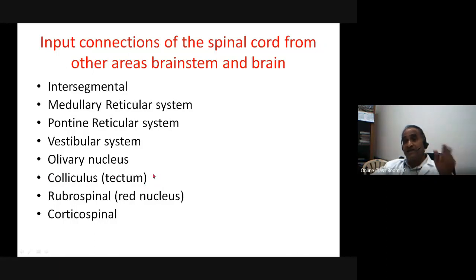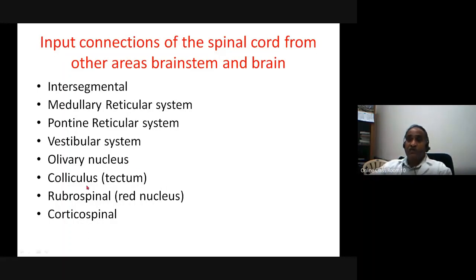I was telling you the tectum is the junction of the somatic sensory, visual sensory, and auditory sensory modalities, and even more. Even the basal ganglia and cerebellar inputs are all joined here in the colliculus, which is the greater junctional point.